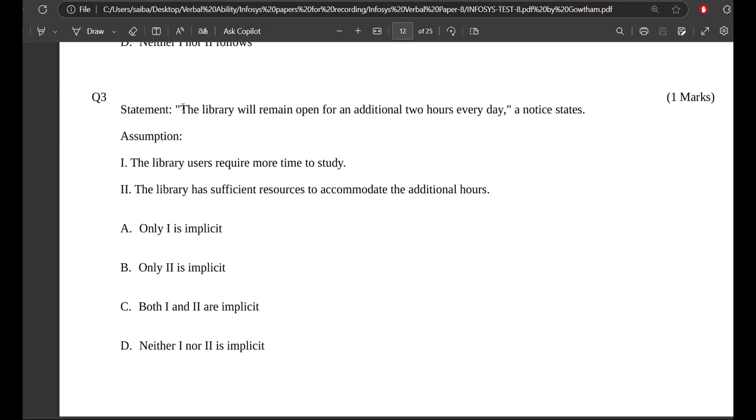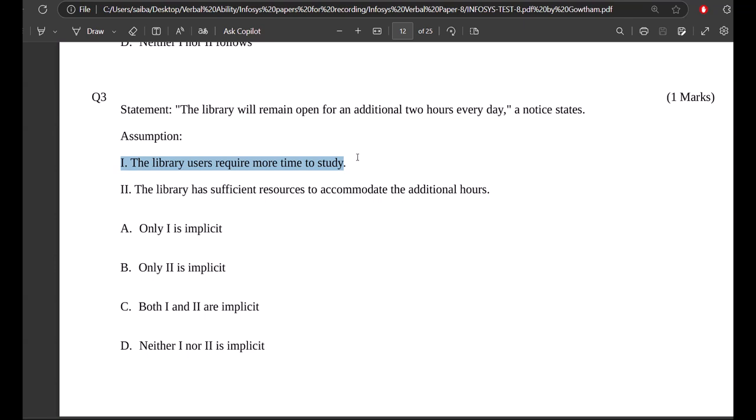Next one: the library will remain open for an additional 2 hours every day, a notice states. So they mentioned the library will stay open for additional 2 hours. What is assumption one? The library users require more time to study.